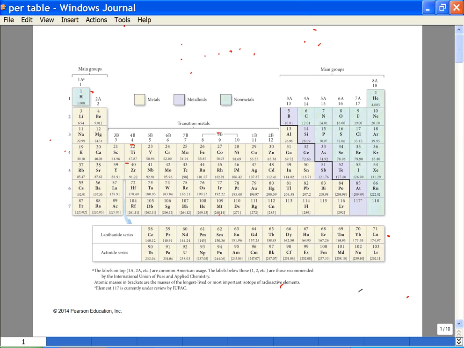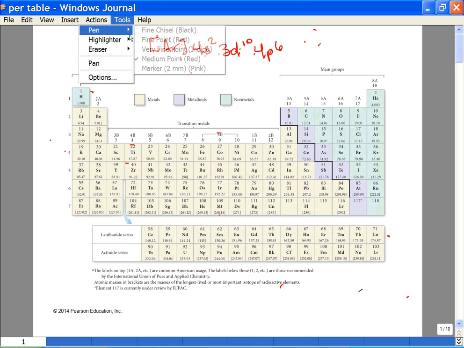Okay, so I'm just going to do 2 of them. The first one is the argon core, 4s2, 3d10, 4p6.